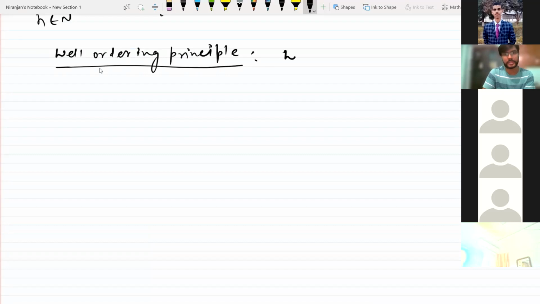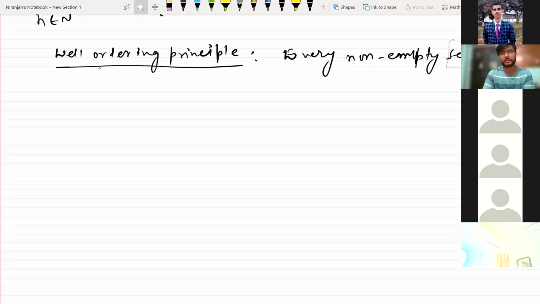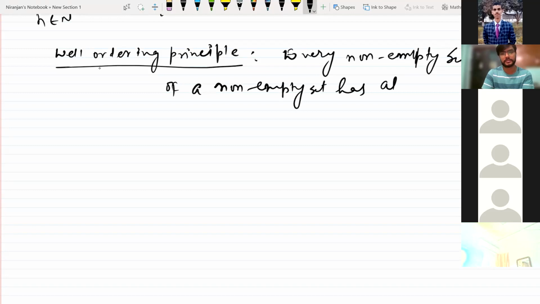What is the well ordering principle? It says that every non-empty subset of a non-empty set has a least element.